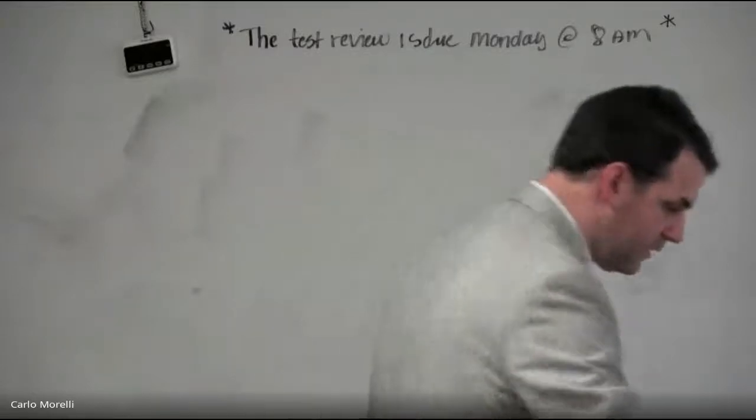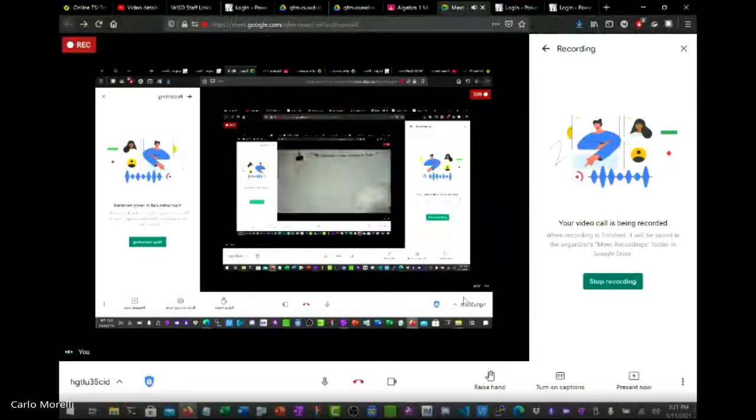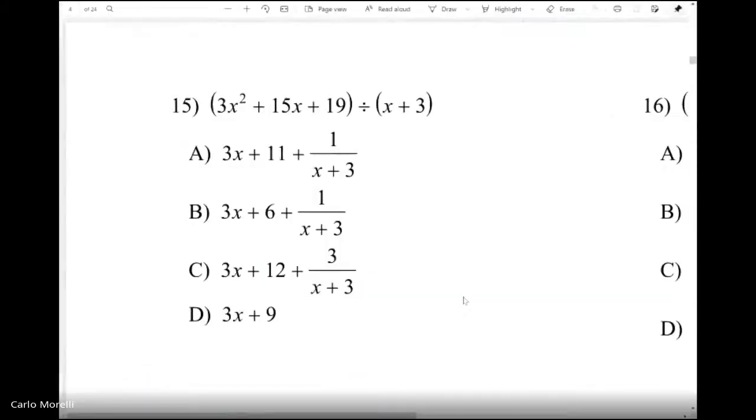Okay, so we're going to continue with number 15. This is called polynomial division. And so what we need to write down is this.